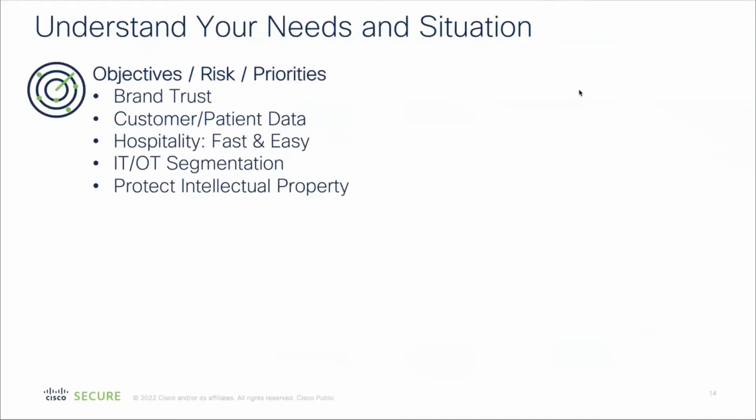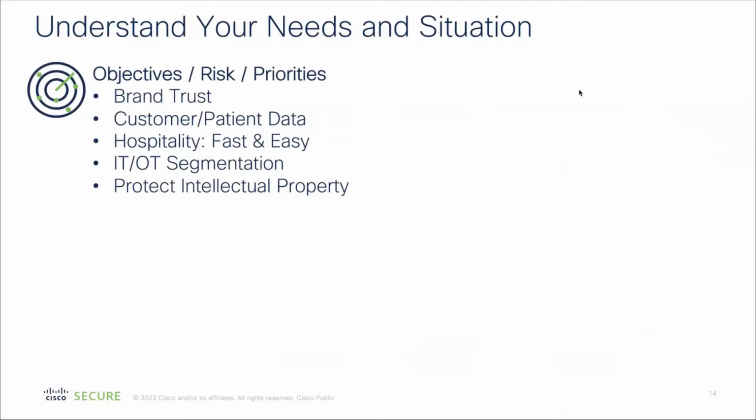If you are a manufacturer, you're going to have some OT situations with manufacturing floors. Maybe you've got some robots and different things that you want to protect. Whereas if you're in the hospitality industry, maybe hotels or even entertainment like a big stadium or something, you just want to make sure that all the people can get access quick and easy. So it's all very, very different.